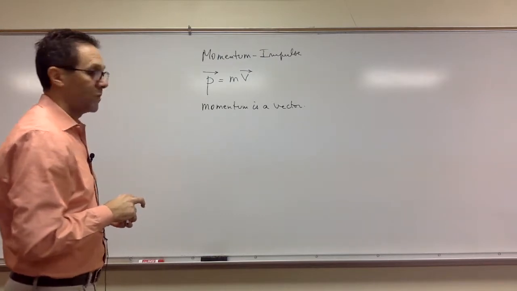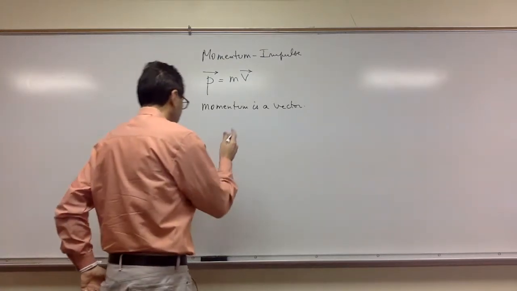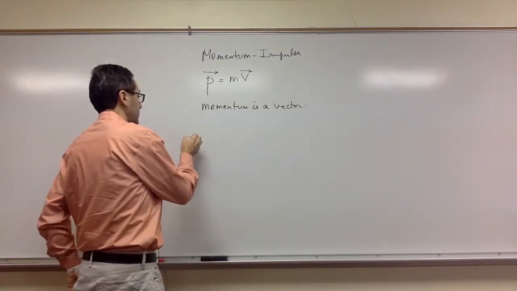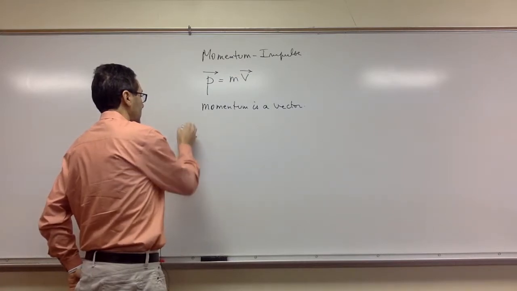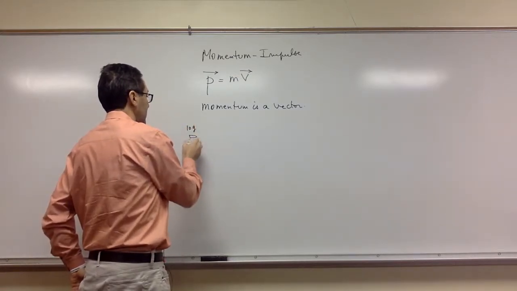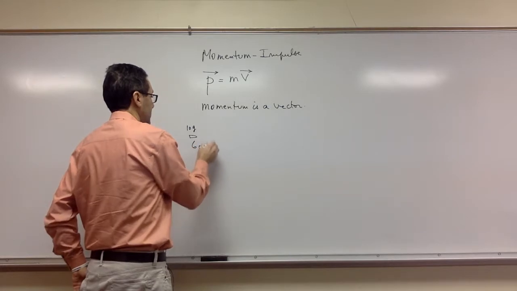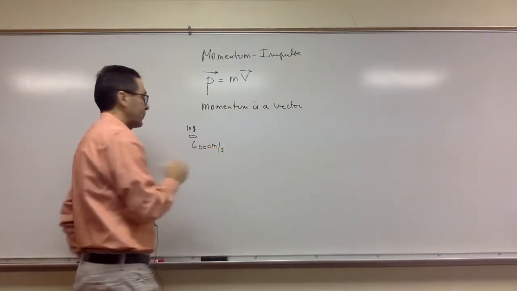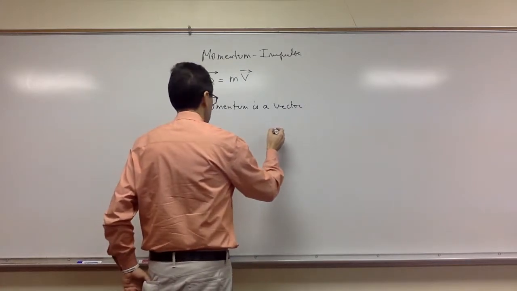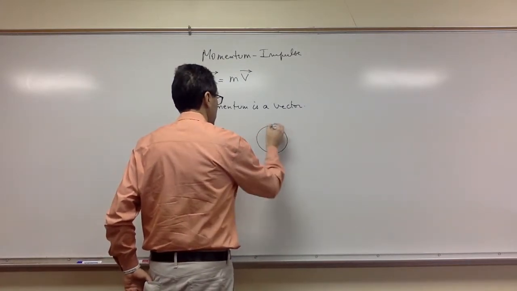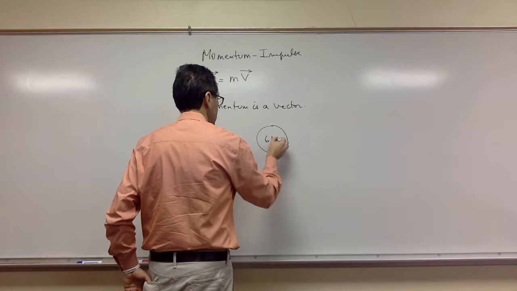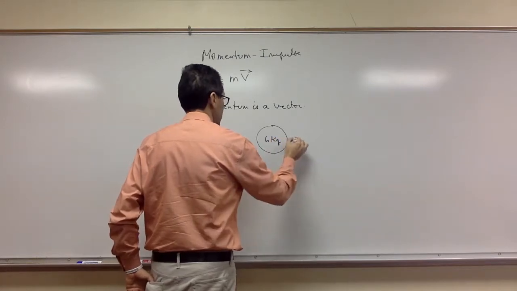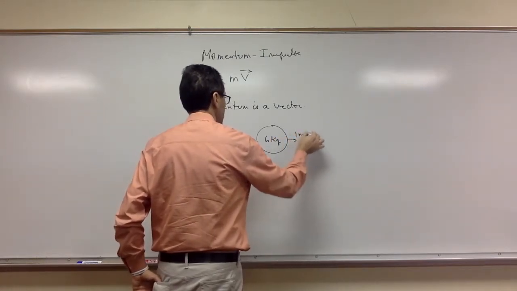problems with momentum. Okay, so if I take a small bullet that has, let's say, 10 grams and is going at 6,000 meters per second, and I want to compare its momentum to the momentum of a bowling ball that has a 6 kilogram mass but is only going at 1 meter per second.